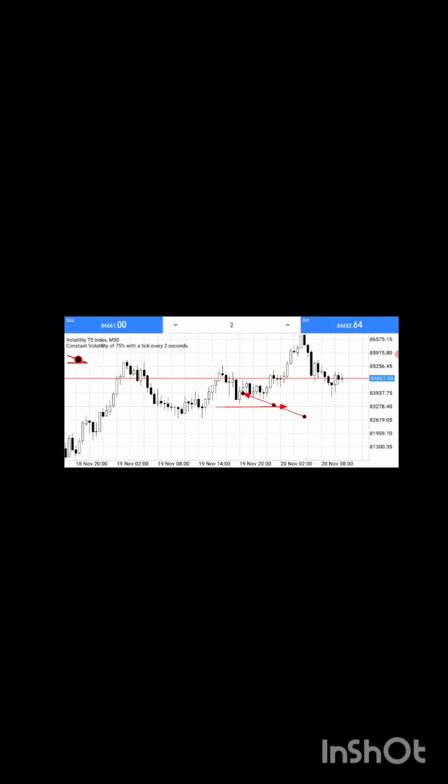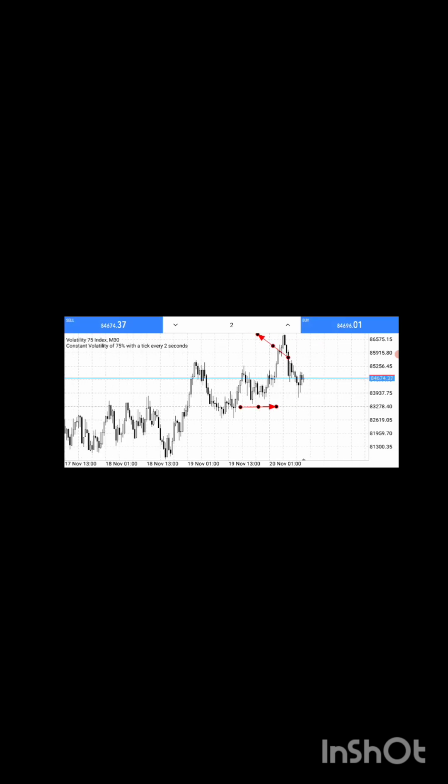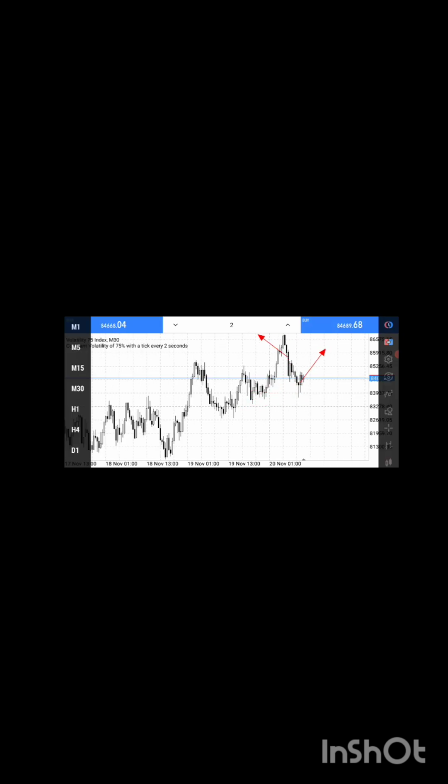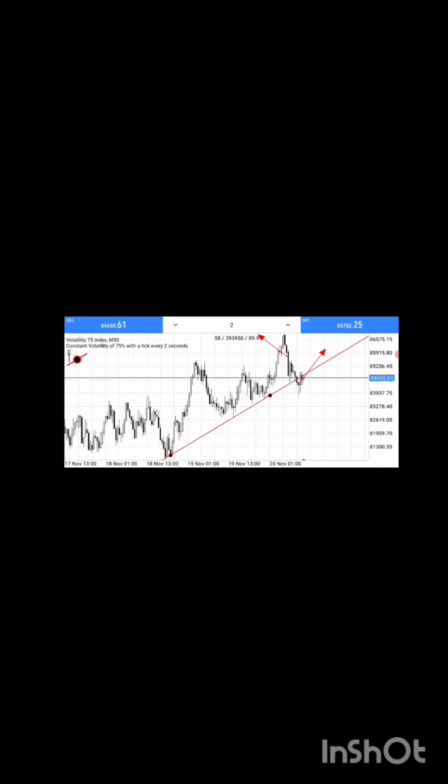Right now, let's start with what has happened in the past in our entry time frame. I will start by trying to just get a straight line.